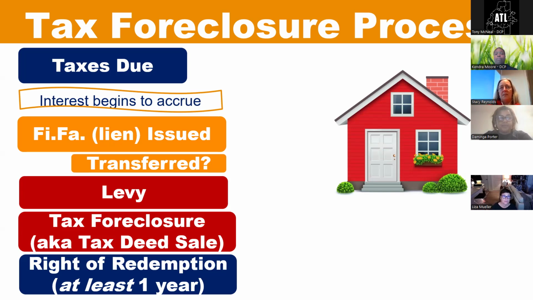And so what that means is, let's say you had a $100,000 home, the taxes owed were like $2,000. Even with the penalties and interest and all that stuff, let's say maybe $3,000 was owed. You can pay the $3,000 and be done. Except once they've gotten to that tax foreclosure, if they auction it off on the courthouse steps, you're going to be paying whatever they paid on the courthouse steps, plus 20% of that.